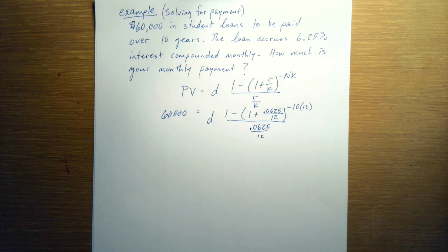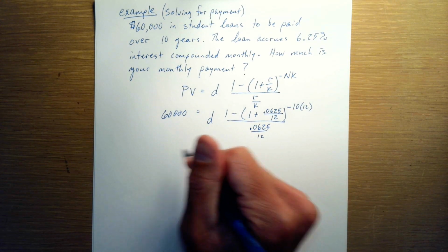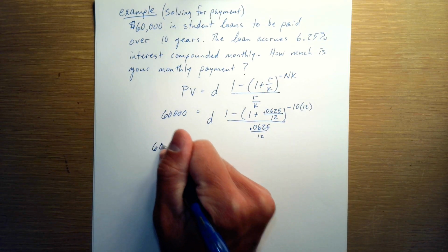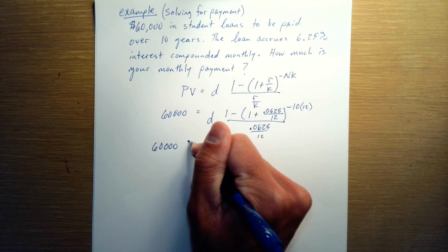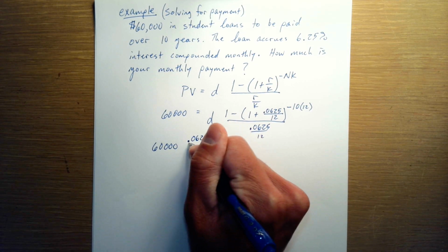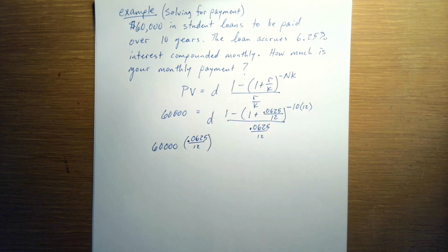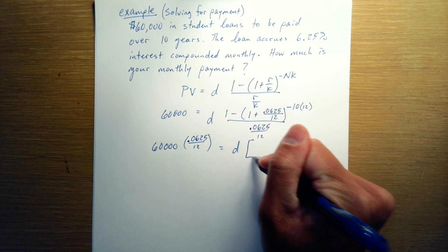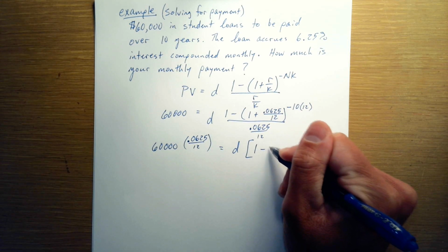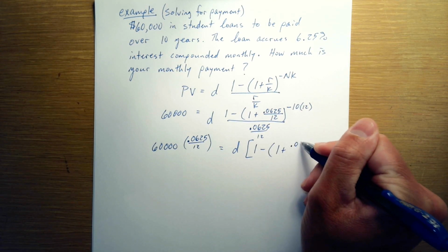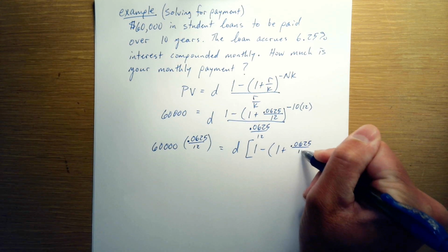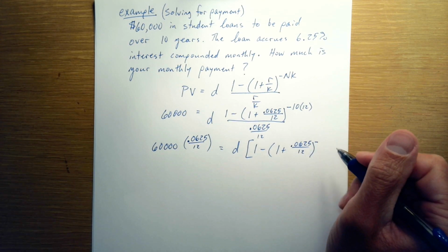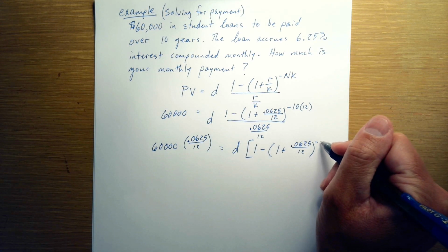Notice the negative here. And it compounds 12 times per year. So now we have to solve for D. I'm going to take, first of all, this 0.0625 over 12 to the other side. And so on the right side, we're left with D times all this stuff. So I can simplify this in a moment.